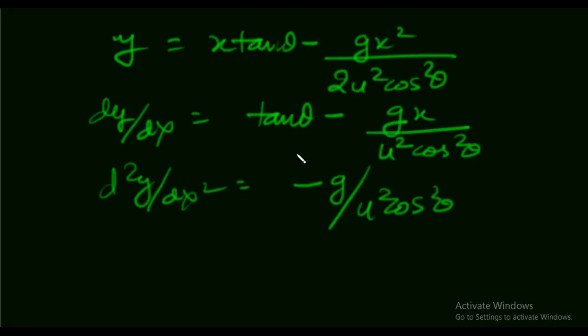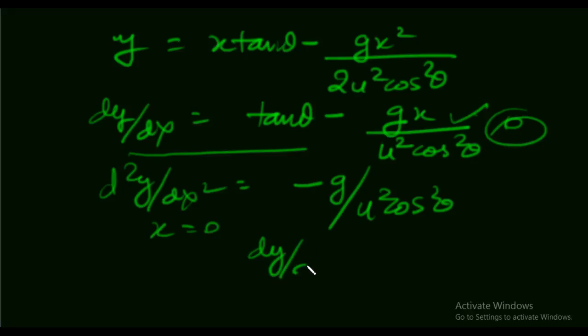Okay, so for example they ask you to find the radius of curvature at starting point O. At the starting point obviously x is 0, so dy by dx would be equal to tan theta, right?